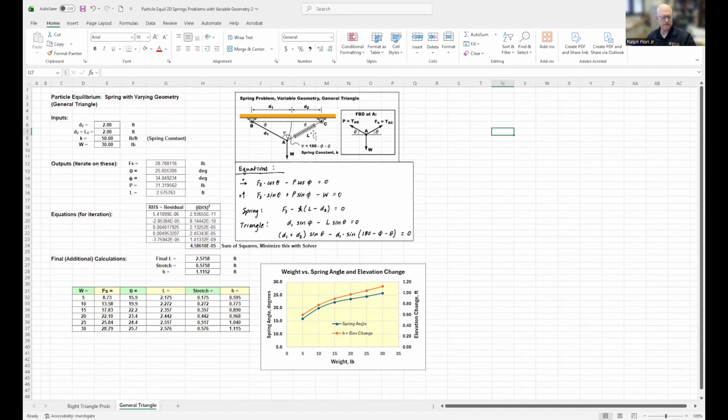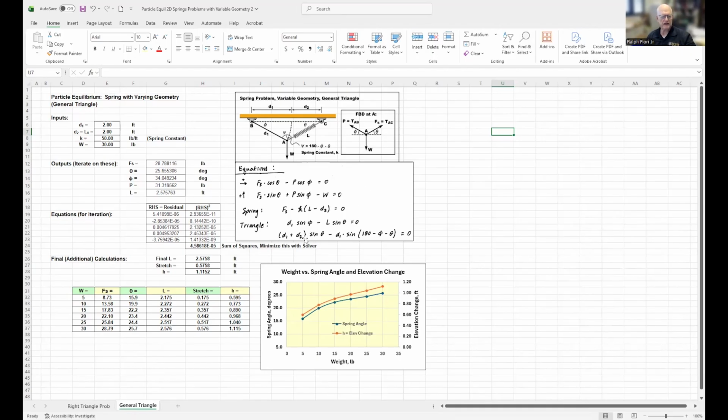And if I multiply through by the denominators, I basically get D1 sine phi is equal to L sine theta. I'm not sure that's exactly right based on this picture, but in my other notes, I'll show it to you.